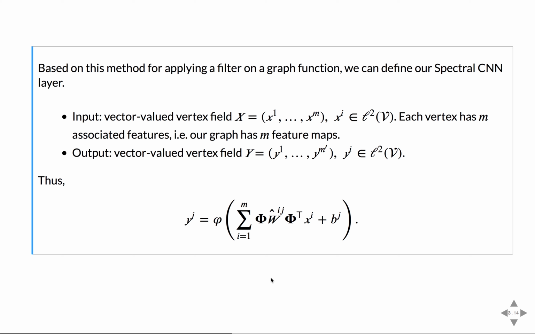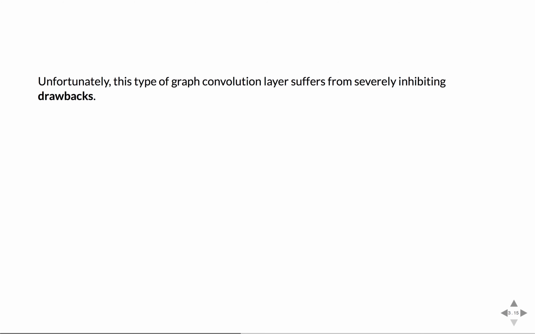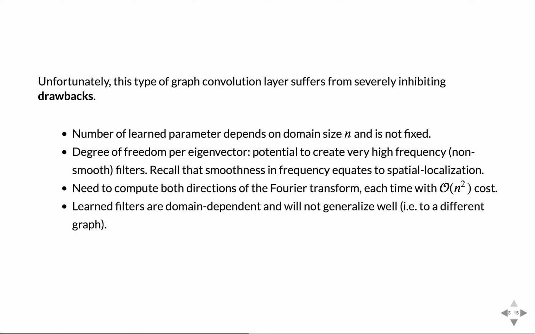So it's a problem. And moreover, we have a degree of freedom for each of these eigenvectors. And remember that the eigenvectors, as you go up in their order, going to higher eigenvalues, represent higher frequencies. So you potentially can insert some really high frequencies, which will make your filter non-smooth in frequency.